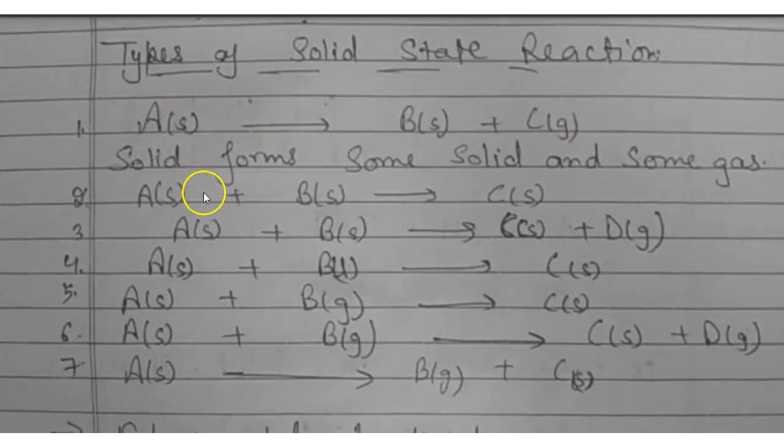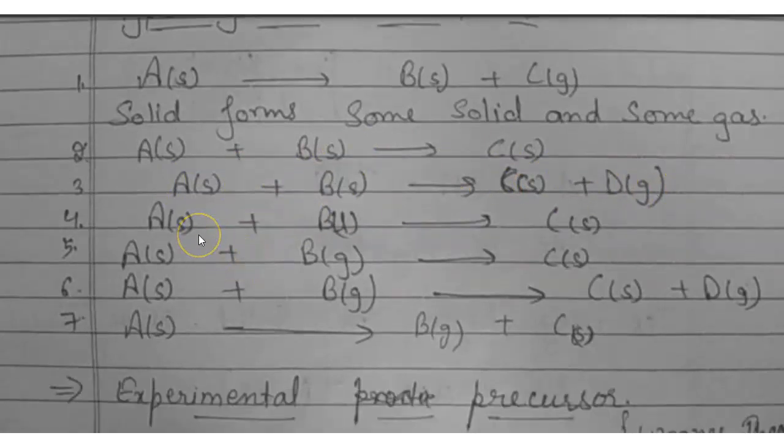In the first, two solids combine to form some solid; in the second, two solids combine to form some solid and some gases; in the fourth, some solid and some liquid combine to form solid; some solid and some gases combine to form solid; and sixth, some solid and some amount of gases are formed; and in the last, solid forms gas plus solid.